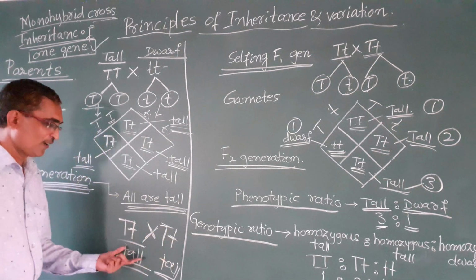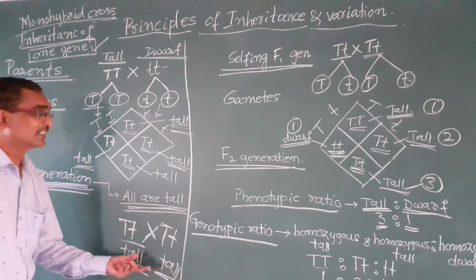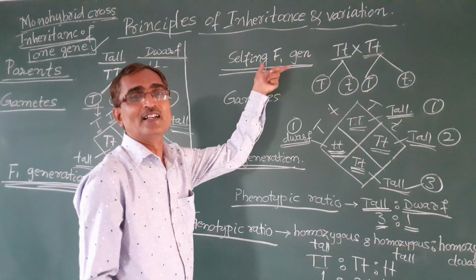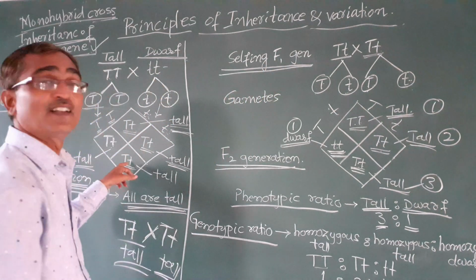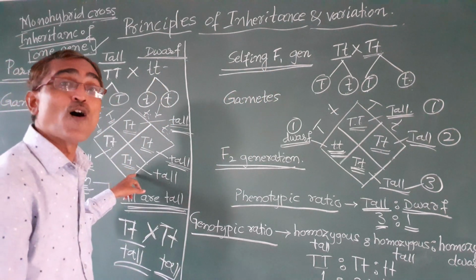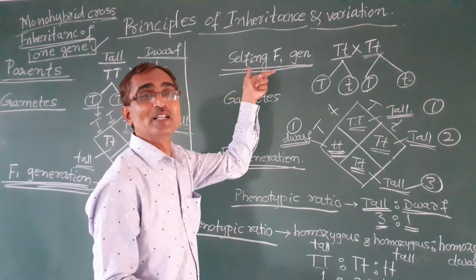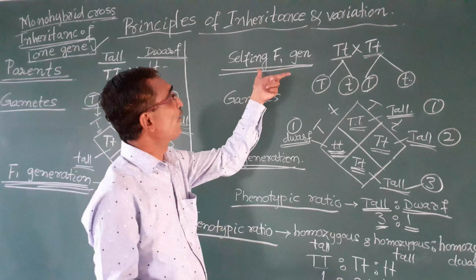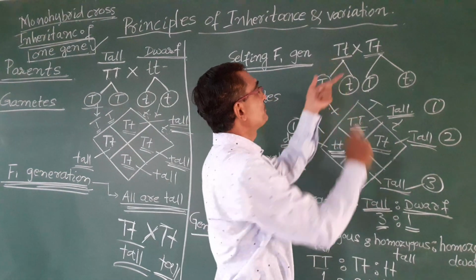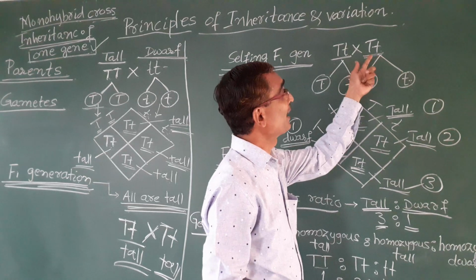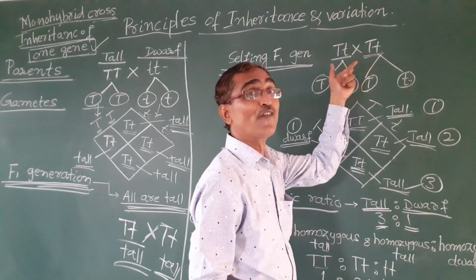This is tall and this is also tall. This is selfing the F1 generation. After this F1 generation, where Mendel got all tall plants, he made selfing, that means a self cross of F1, that is, capital T small t crossed with capital T small t.